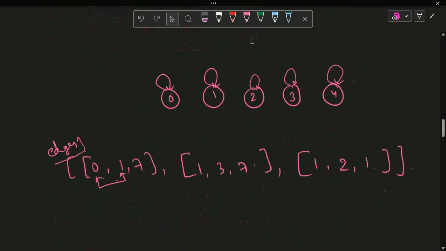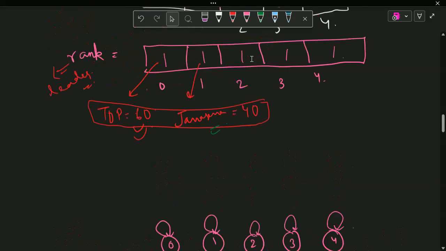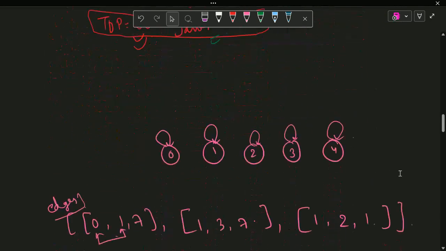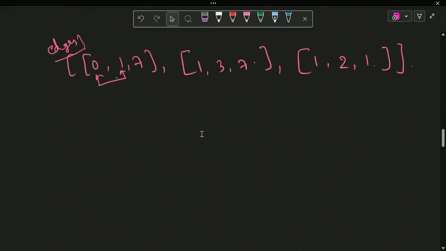Similarly, if we want to join 0, 1, we see the ranks. If both have the same rank, we can make any of them the leader. So we join 0, 1 with distance 7.